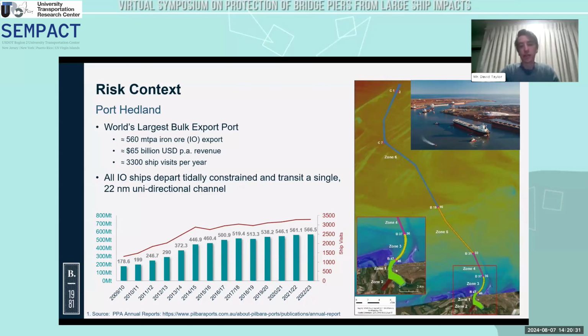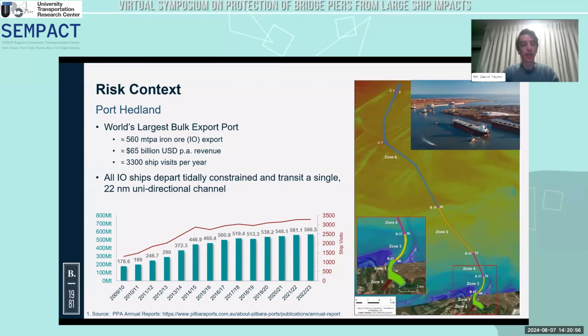So the port itself has undergone phenomenal growth over the last 20 years. If we go back to the early 2000s, it was a relatively small port, exporting around 60 to 80 million tonnes of iron ore per year. And then over the last 15 years, it's tripled in size from 180 million tonnes up to 560.